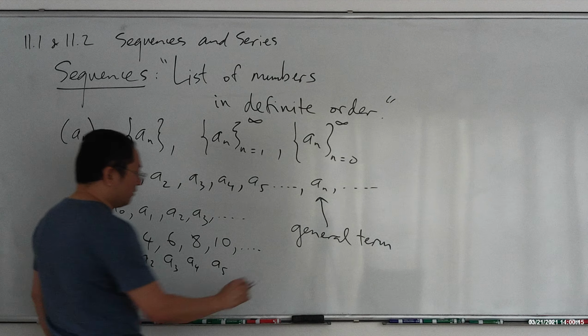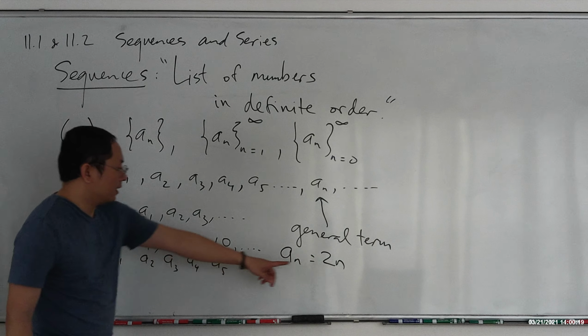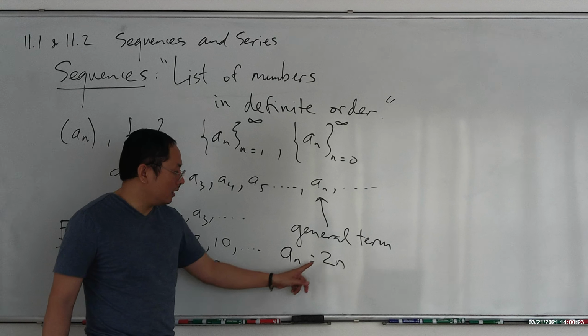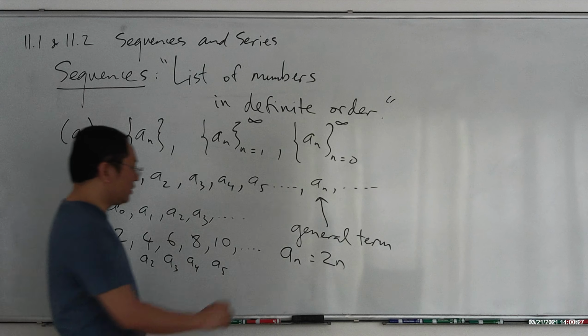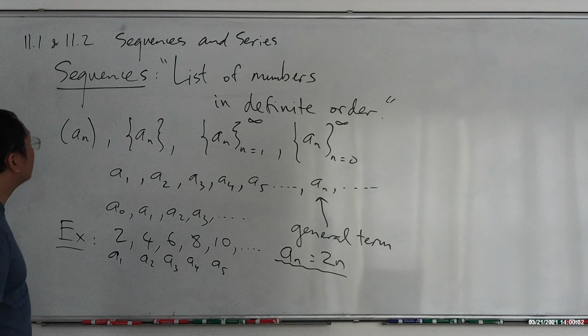The general term for this sequence is a_n equal to 2n. Plug it in. a1 is 2 times 1, which is 2. a2 is 2 times 2 is 4, a3 is 2 times 3 is 6, and so on. General term.